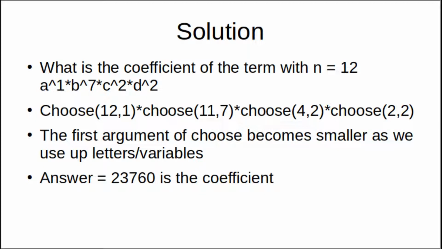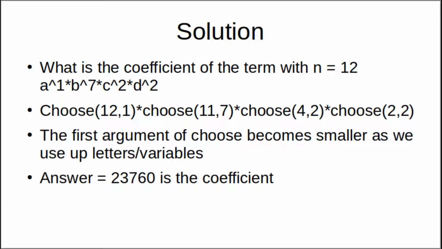We have one letter a, and we have 12 spaces to choose from, so 12 choose 1. We've used 1 space, so now we have 11 spaces left. And there are 7 letter B's, so 11 choose 7. Next, we have 4 slots available. And there's 2 letter C's, so 4 choose 2.